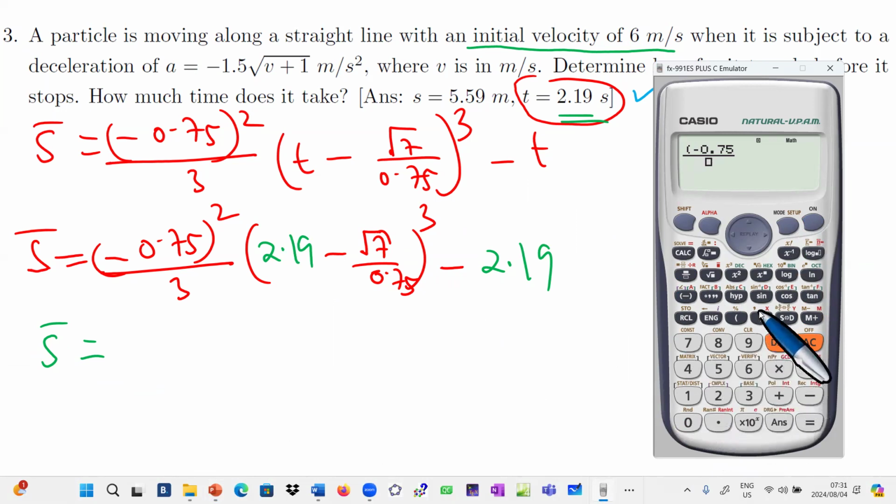0.75, and then 0.75, you square it, you divide by 3, you multiply by 2.19 minus the square root of 7.